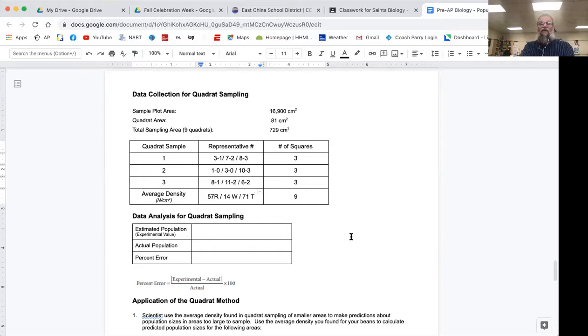All right. So now what I want to do is calculate the density. I wish I could write on this screen. It would be a lot easier. Give me a moment.